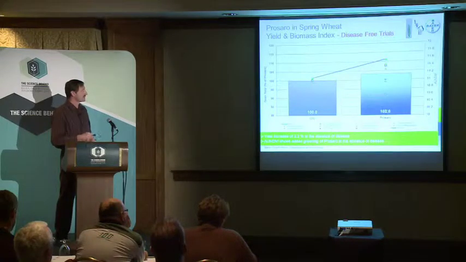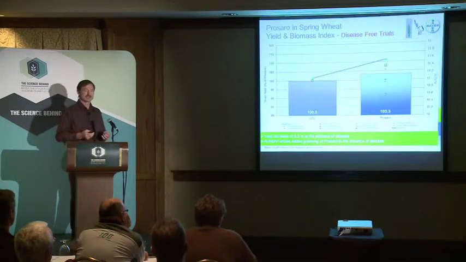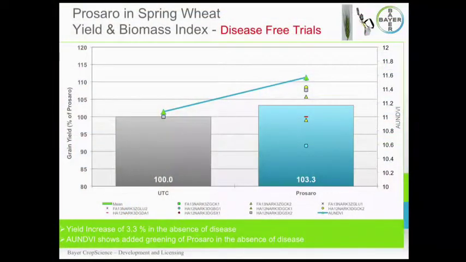So we've set out to do the best job possible in dedicated plant health trials to evaluate the effect of Procero on yield. And we've set out to make these trials disease-free. And you might say, how can you ensure that under field conditions? So we use best agronomic practices. We're all agronomists here.